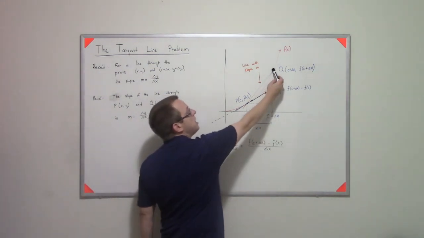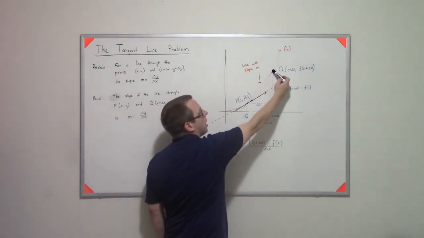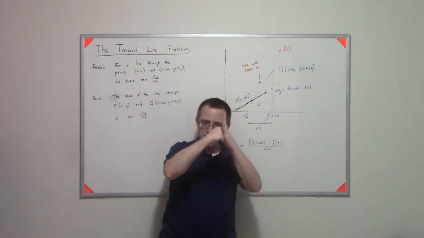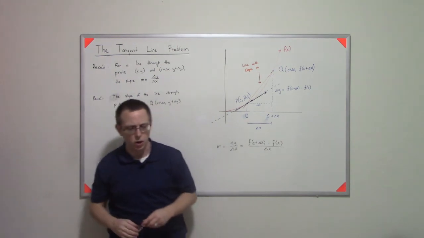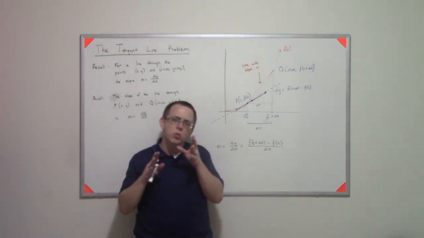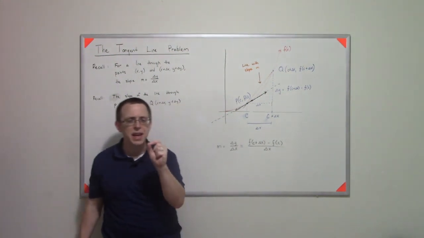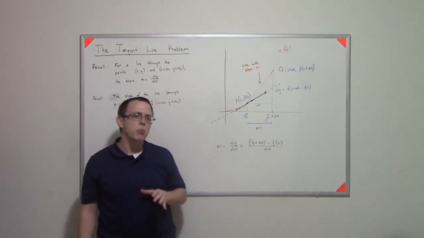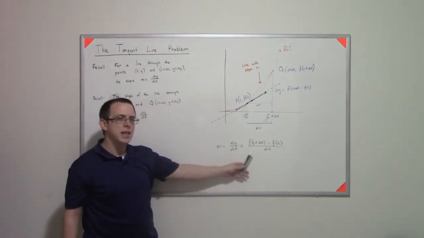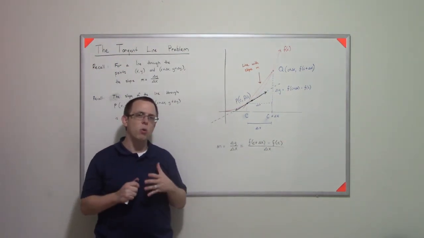Instead of being the secant line, remember a secant line strikes twice, we're going to get a tangent line that strikes exactly once at that point on the curve. And as we move forward in calculus, we're going to learn to think about this and get that answer exactly. But first we have to build our way there. So I want you to be thinking about this tangent line problem and how we're going to get there.